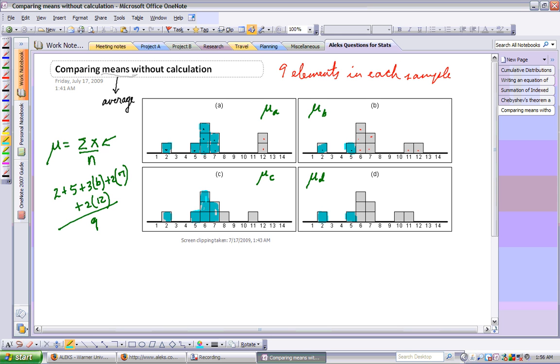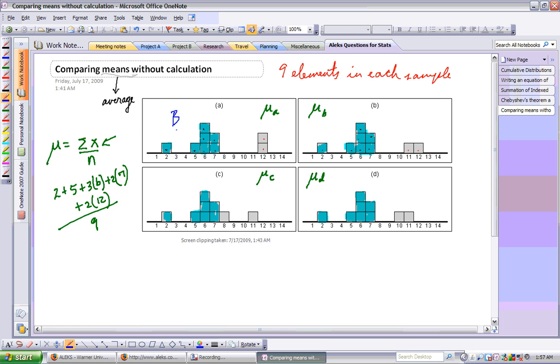These 6 boxes are part of all 4 pictures. Since every sample has 9 elements, what accounts for the difference is not the stuff that's shaded in blue. So we don't even need to know the total of what's in blue. In fact, we can just call it B for blue.